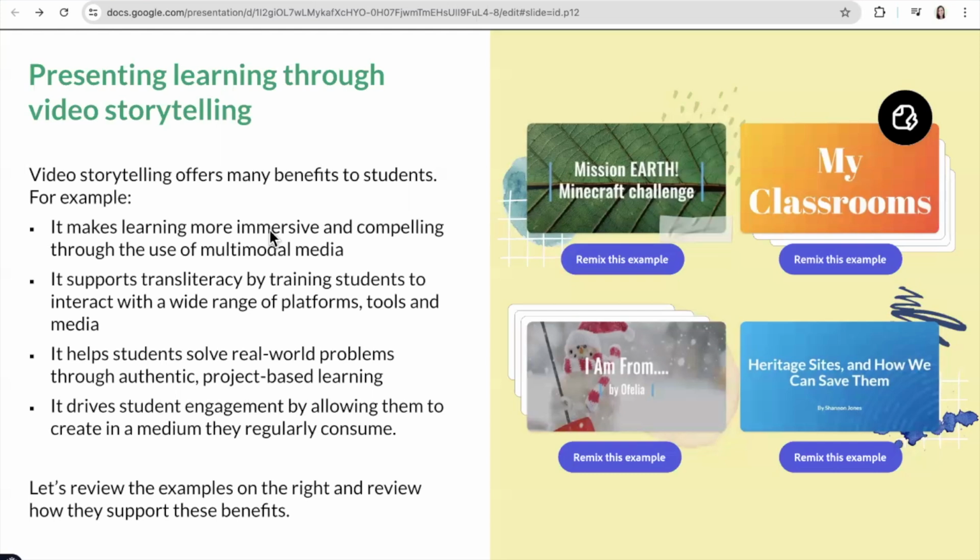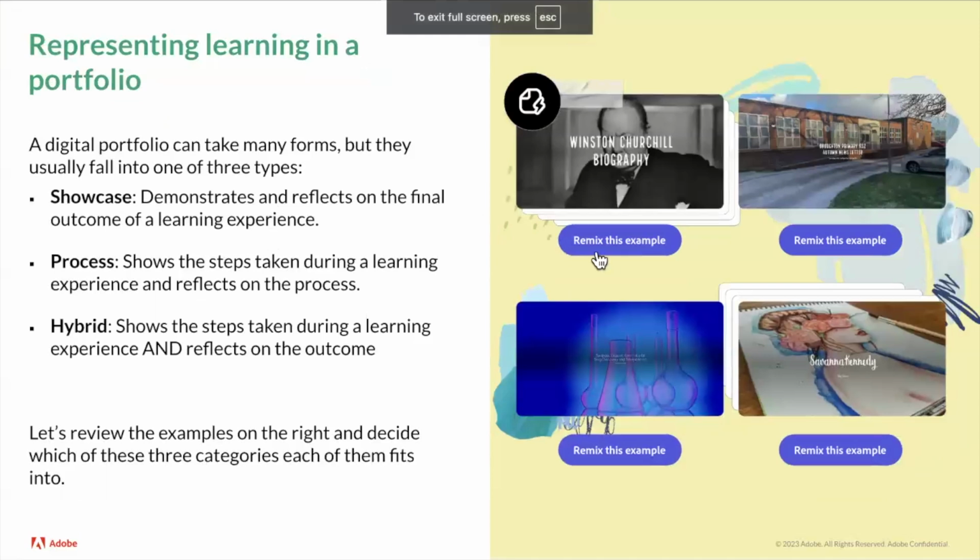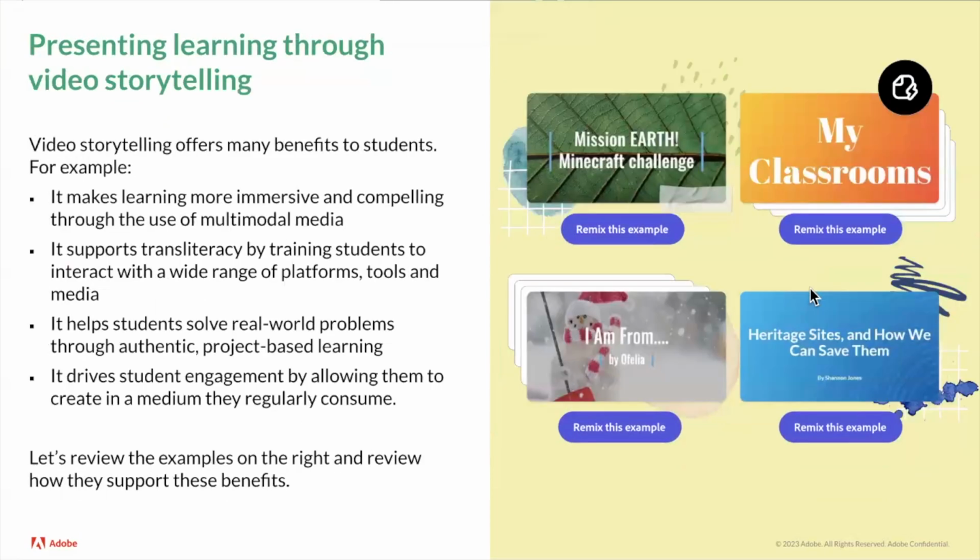So I'm going to set my timer for about 5 minutes. And I'm going to give you 5 minutes, and I'll go through the chat and see if there's any questions. I invite you to take a look at this previous slide, taking a look at the portfolios, and this slide, the different video storytelling as well.